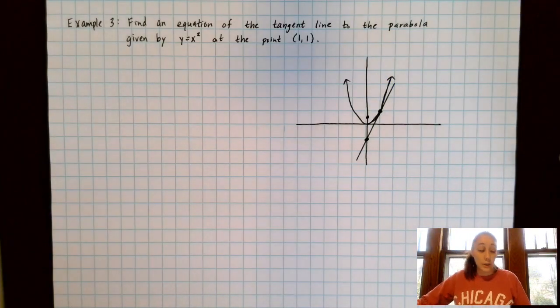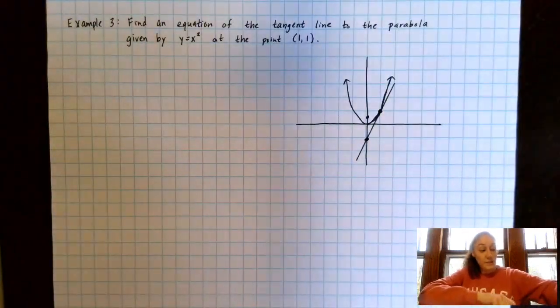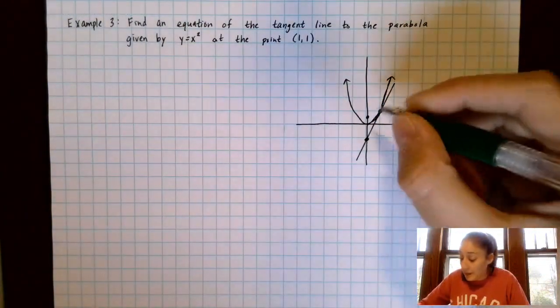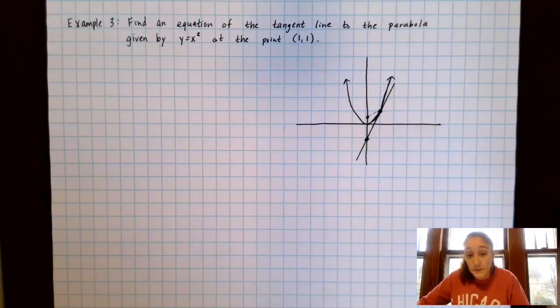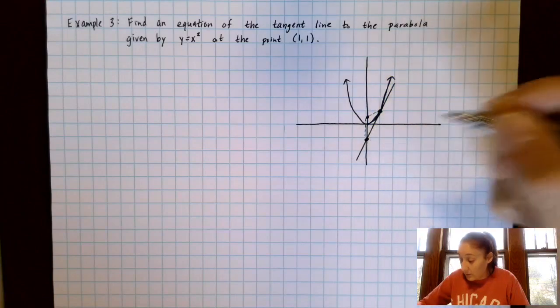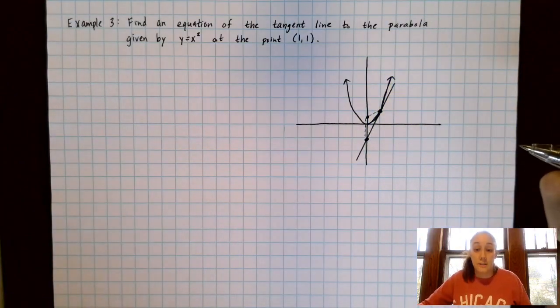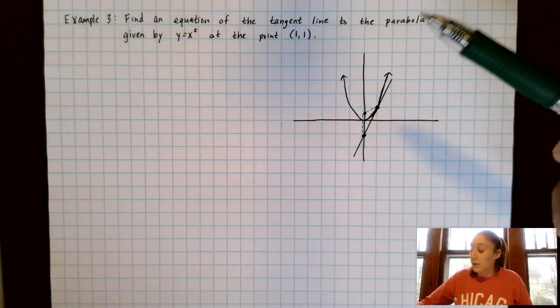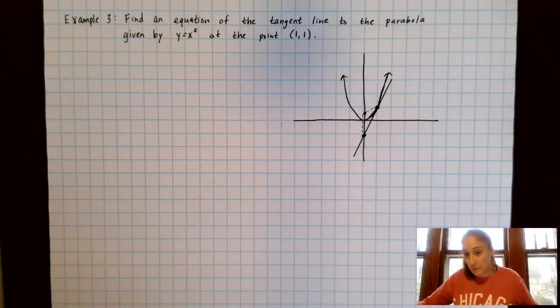It may not look it on this diagram, but according to the property, the distance from the focus to that point and the distance from the focus to the y-intercept are actually the same. My parabola is definitely not perfect, and this tangent line may not actually be the correct tangent line.